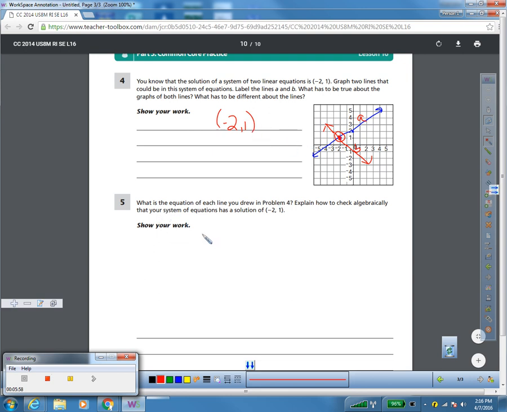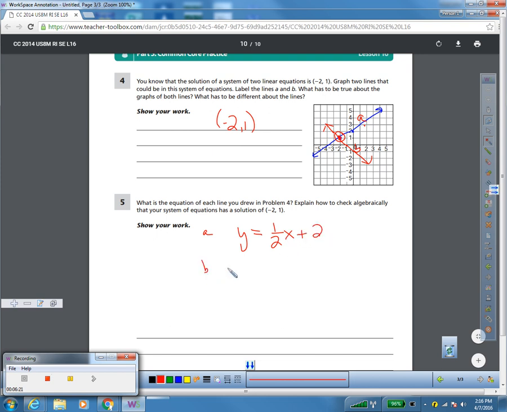Now we're going to write the equations and then talk about how we could check them algebraically. So on my line A, my y-intercept's at 2, and my slope is up 1 over 2 each time. If I were to draw that straight, you'd see that. So up 1 over 2 is my slope.